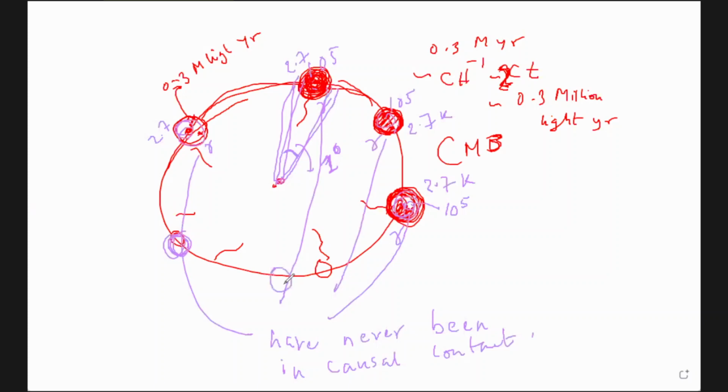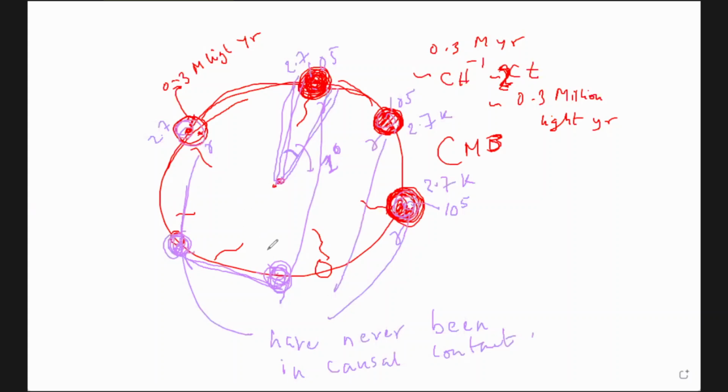Then the physicist's question: how come this photon here has contacted that one, so that they should be the same 2.7 Kelvin? That means they are in thermal contact. But there is no way they can have a thermal interaction because they have never seen each other. To travel this much distance takes way more than the age of the universe at that time.